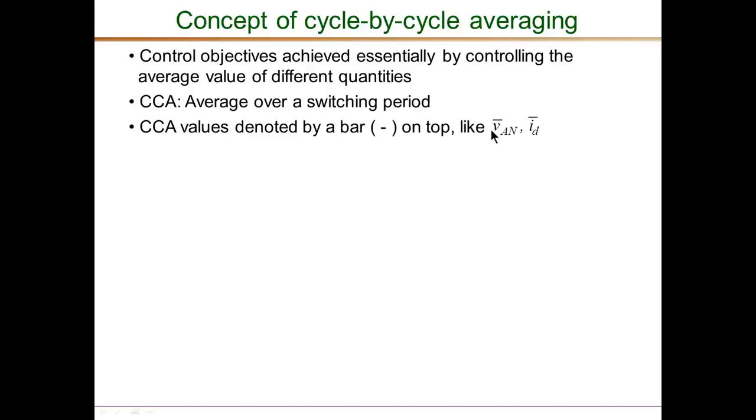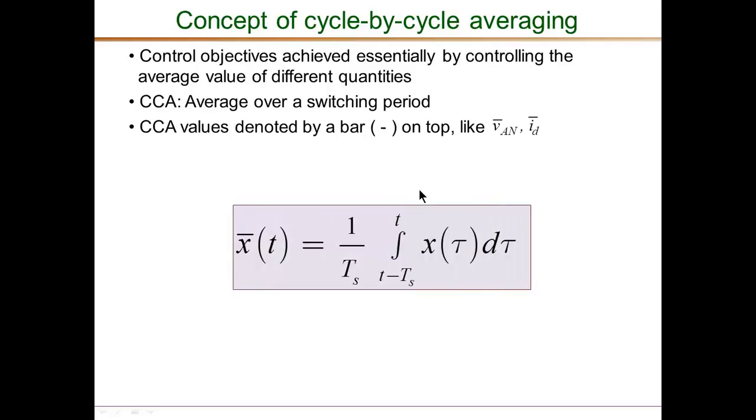For example, V_AN with a bar on top denotes the cycle by cycle average of this instantaneous pole output voltage. Similarly, I_d with a bar on top represents the DC current, its average value. This is the formal mathematical expression for the cycle by cycle average.